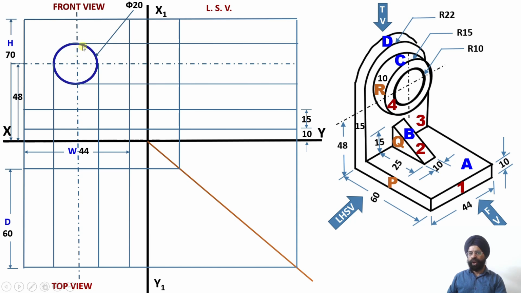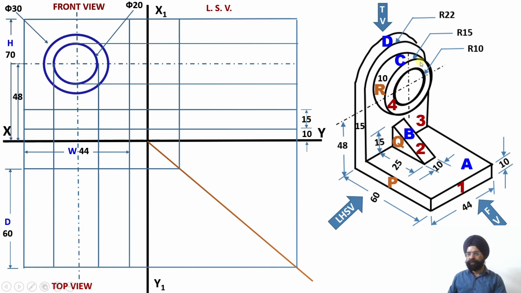Now, having drawn this inner hole, the outer boundary of this web needs to be drawn. So the outer boundary will have a diameter equal to 30 millimeter, or a radius equal to 15 millimeter, so that the thickness of the web is equal to 5 millimeter. So this is the diameter, which is 30 millimeter.